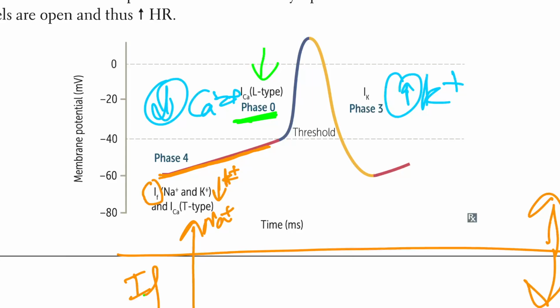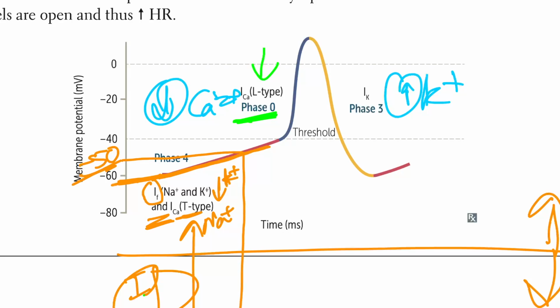But what about this calcium, ICa T-type? We are at the level of -60. The membrane is depolarized at -60 at resting membrane potential, right? So this IF channel will allow for depolarization up to about -50, and at this point your T-type calcium channels will open.